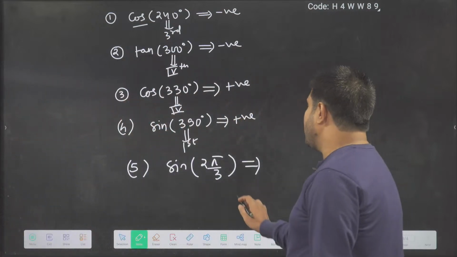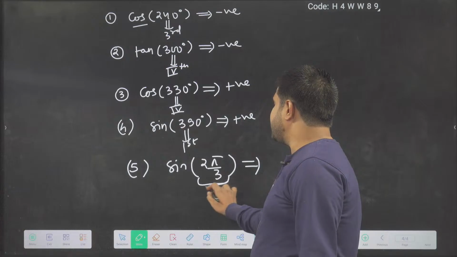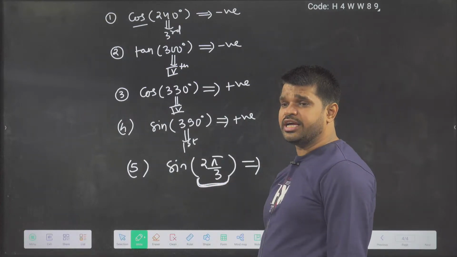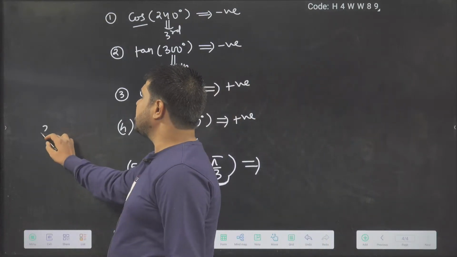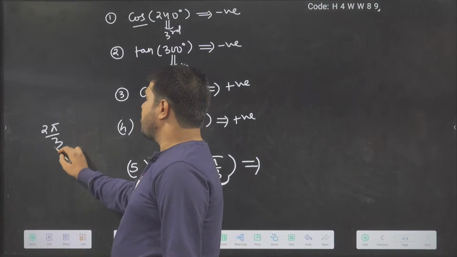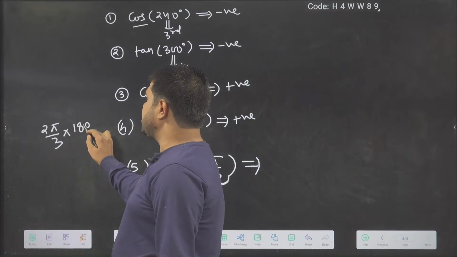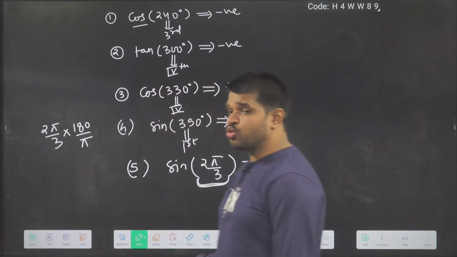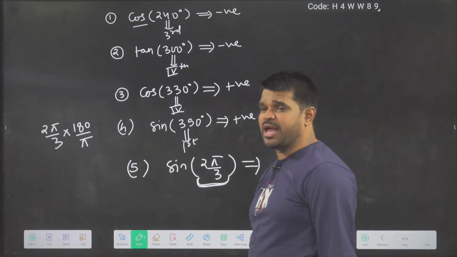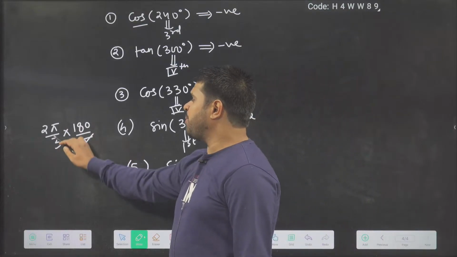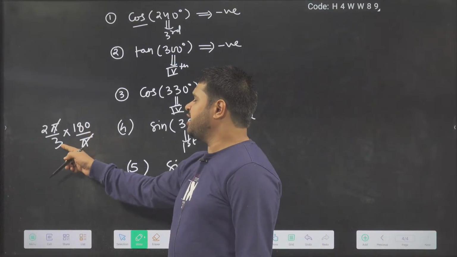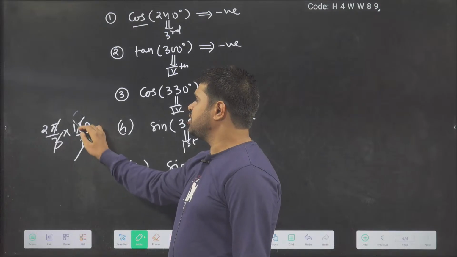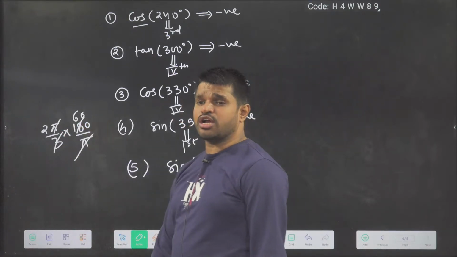First of all, convert it into degree. How to convert radian into degree? Multiply with 180 by pi. Pi gets cancelled. 180 by 3 is 60. 60 into 2 is 120.